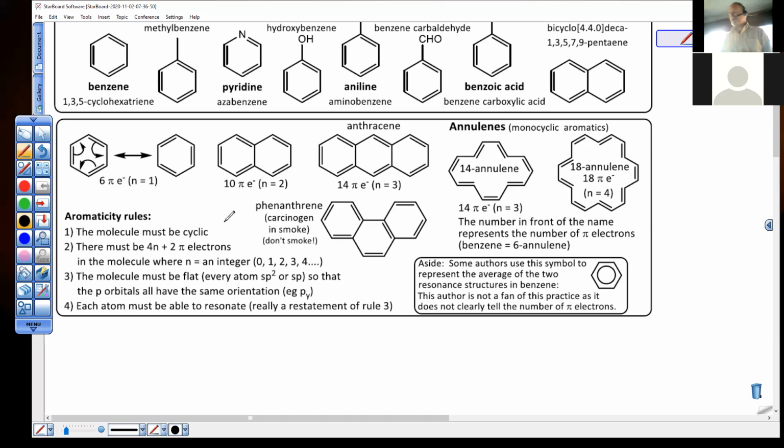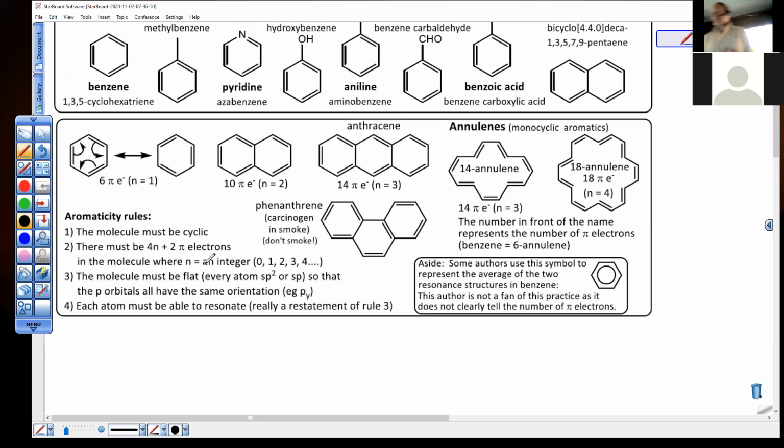This number can be solved with the equation 4n plus 2. If you use an integer n, then that gives you the possibilities for the number of pi electrons in an aromatic compound. If you do not have that number of pi electrons, you are not a candidate for aromaticity.